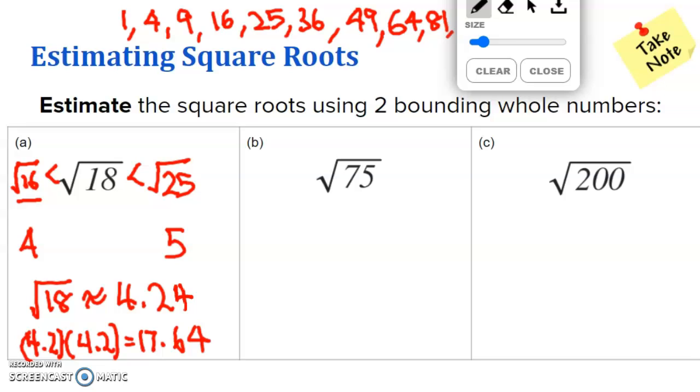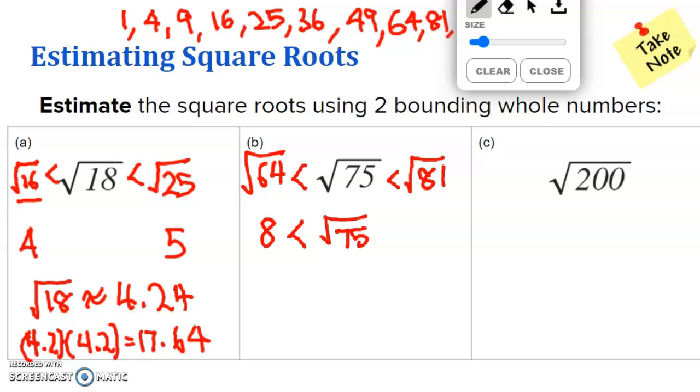Okay, so I'm looking for square root of 75. So what are the perfect squares that are near 75? That will be square root of 81 and square root of 64. So I know that square root of 75 will be somewhere between square root of 64 and square root of 81. And it turns out square root of 64 is 8, and square root of 81 is 9.